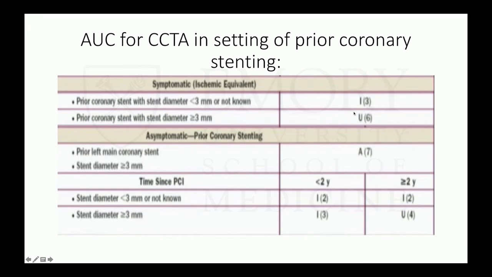I think certainly it may be appropriate in someone that has a stent greater than 3, but really the only one that gets the yes, this is definitively appropriate is left main stenting. And certainly I think any patient that you're considering doing a CTA on to evaluate stent patency with a stent of less than 3 millimeters is inappropriate.